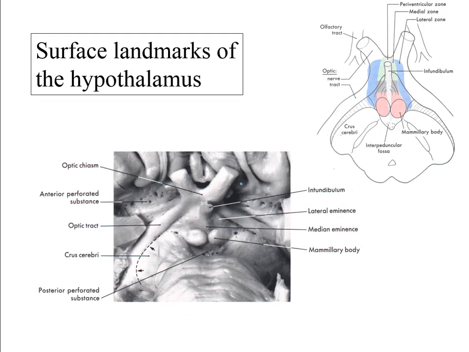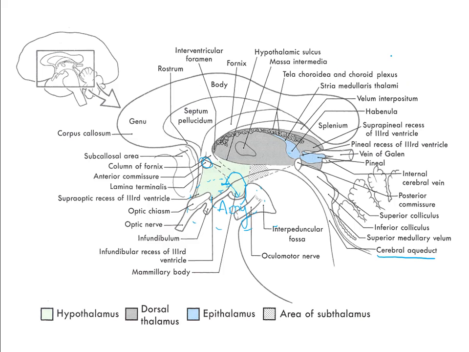All right, so when we think about it from the surface, we've got to think about where those landmarks will be. So the posterior boundary is going to sit right back here at the posterior edge of the mammillary bodies. The anterior is going to be right in front of the chiasm. And if you take those brains and look up, if I go back on the schematic, here's the chiasm, and coming right superior from the anterior edge is this front wall.